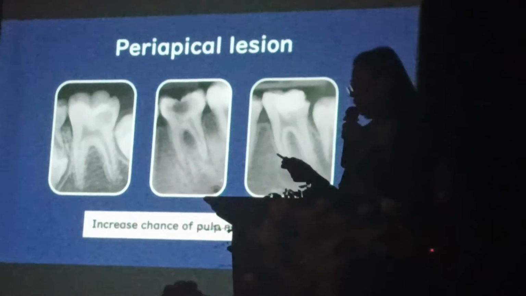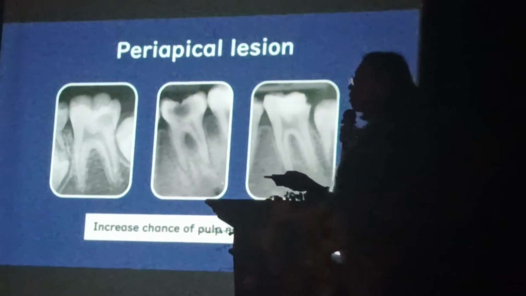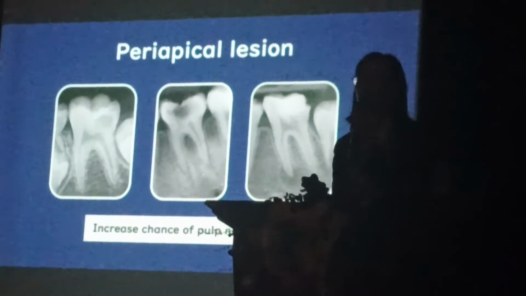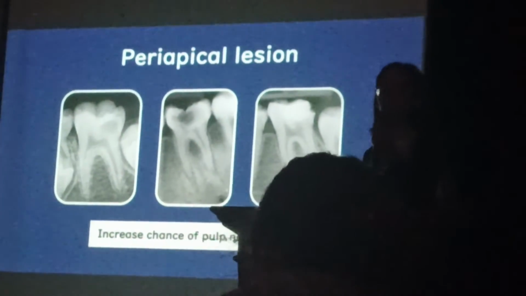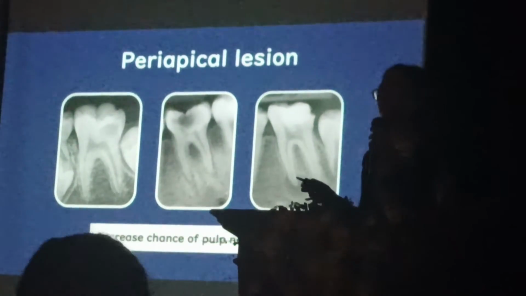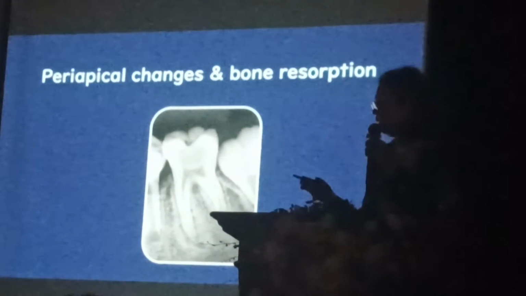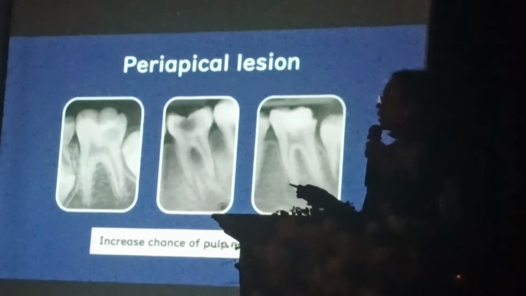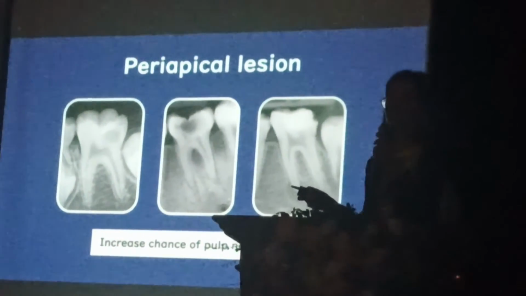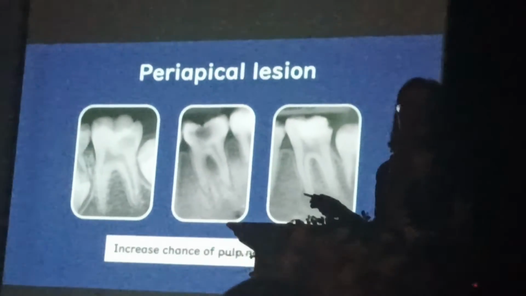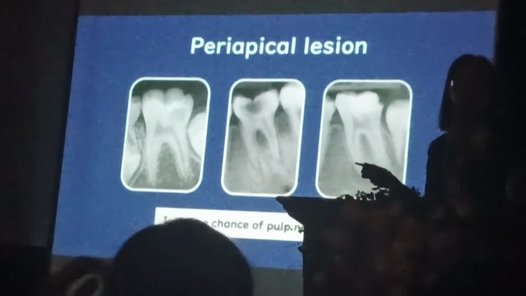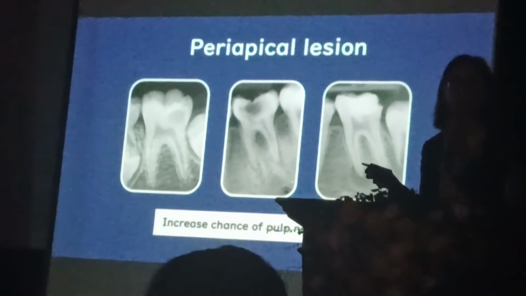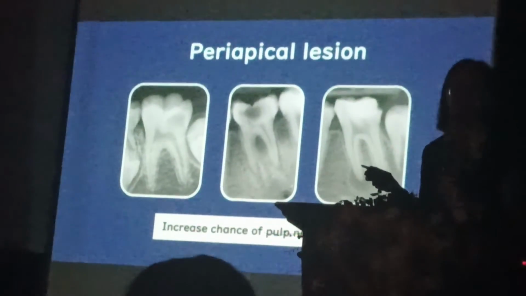In the past, if the tooth had a periapical lesion like this, we would automatically assume, oh, the tooth is dead. But now, several studies have shown that, yes, it increases the chance of pulp necrosis, but it does not always tell you that the tooth is necrotic if it has a periapical lesion, especially in immature teeth.